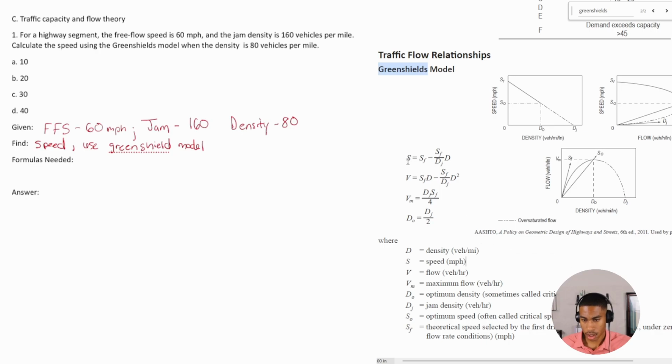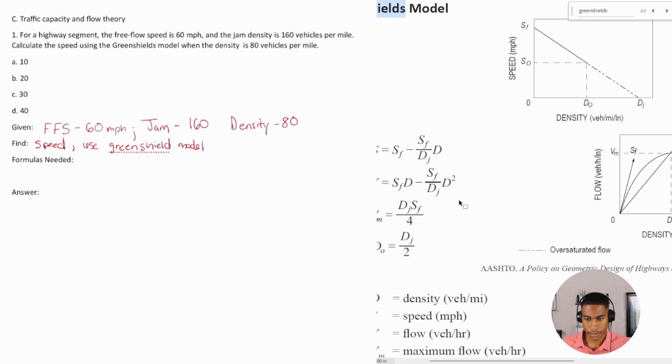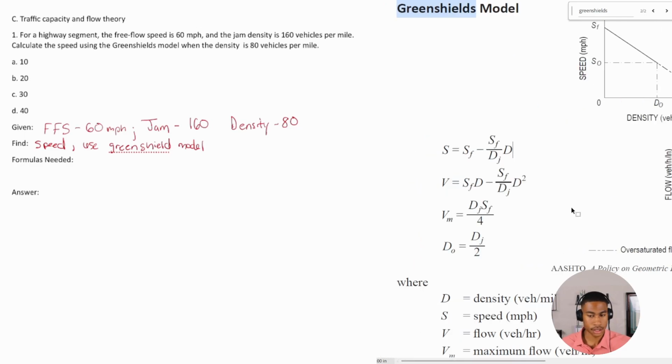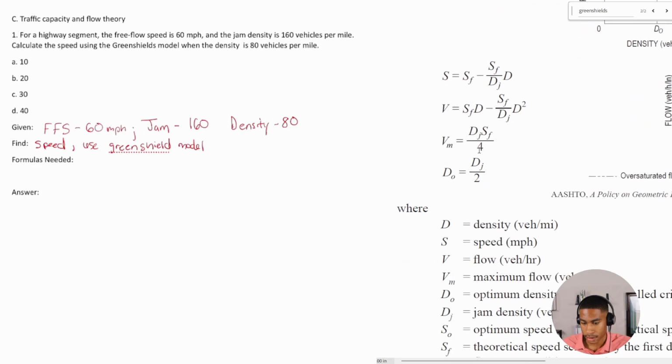The formula that I see that we can use is this top formula, and I'll zoom in so you all can see a little better. S equals SF minus SF over DJ times D. Now we just want to check to see if we have the variables that we need. What is SF?